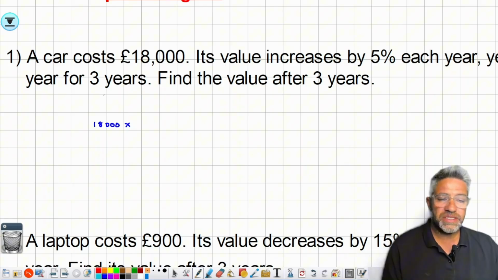The value increases by 5%. Our multiplier value for 5% is 1.05. Please don't think it should be 1.5, that would be 50%. But it's year on year, in other words, compound for 3 years. So I've got to multiply it by 1.05 3 times, like so.